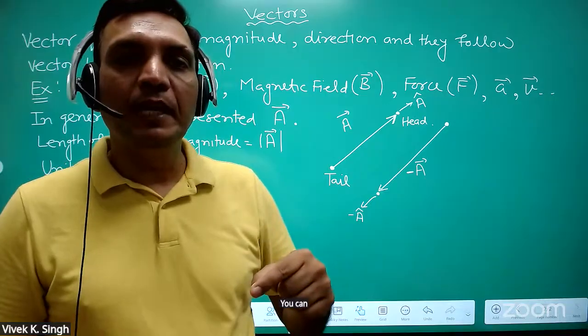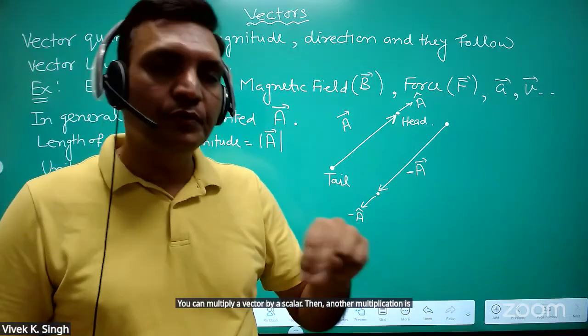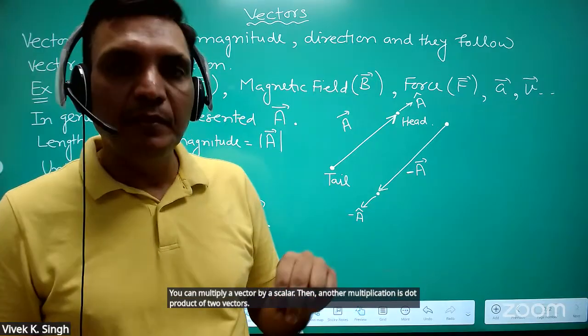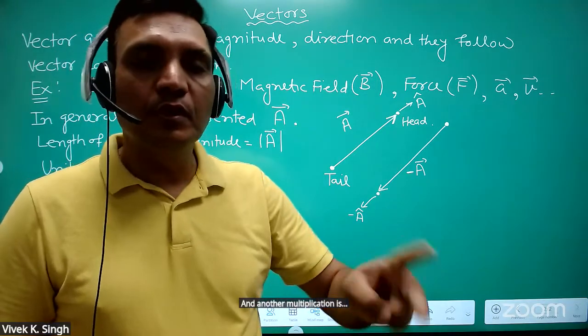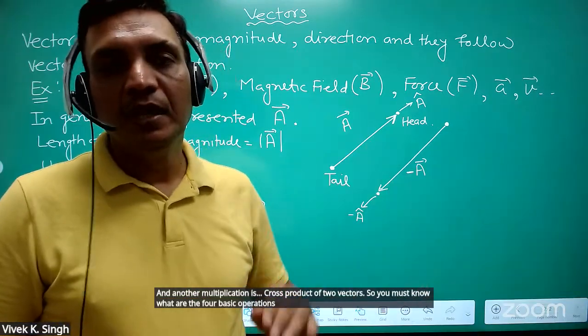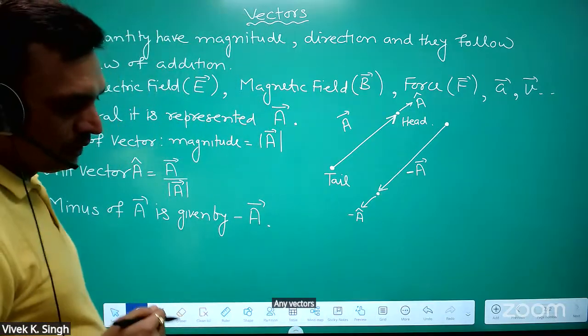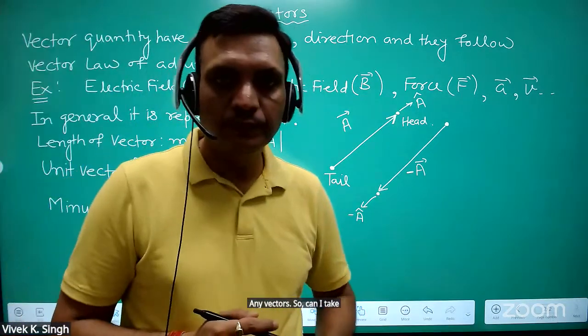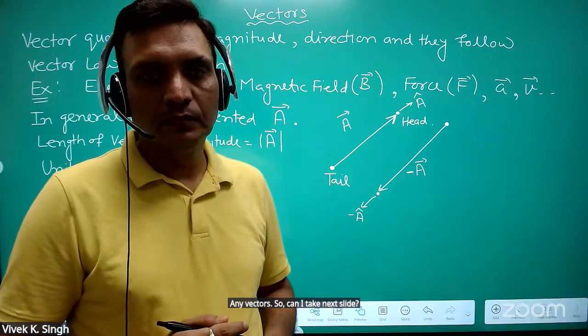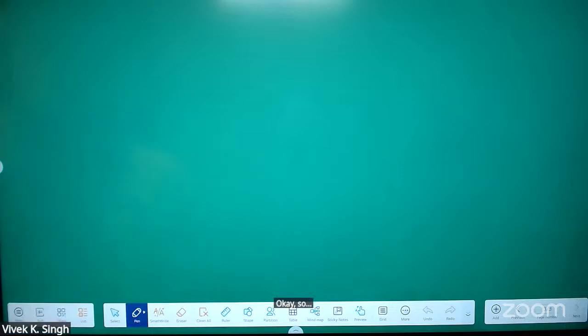Another multiplication is the dot product of 2 vectors. And another multiplication is the cross product of 2 vectors. So you must know the basic operations that we can perform on any vectors. Can I take the next slide? Yes, sir. Okay. So let's see the basic vector operations.